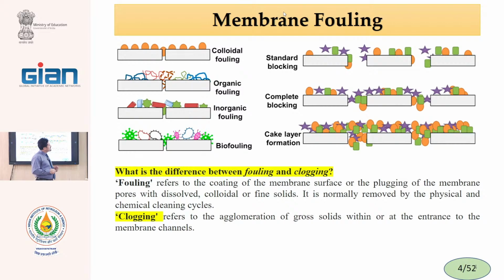The other is complete blocking. In this case, the pores are completely blocked with the foulants, and we have cake layer fouling or gel layer fouling, where we have an extra layer on the membrane surface.